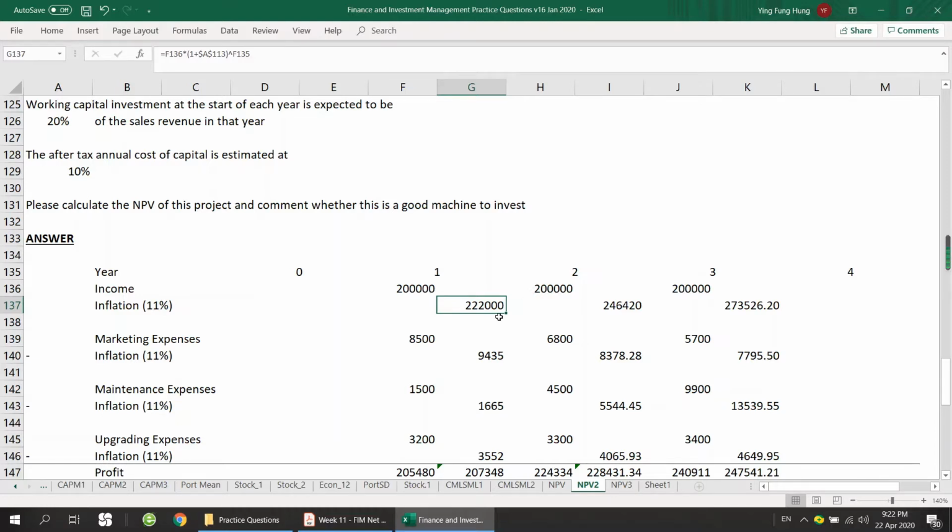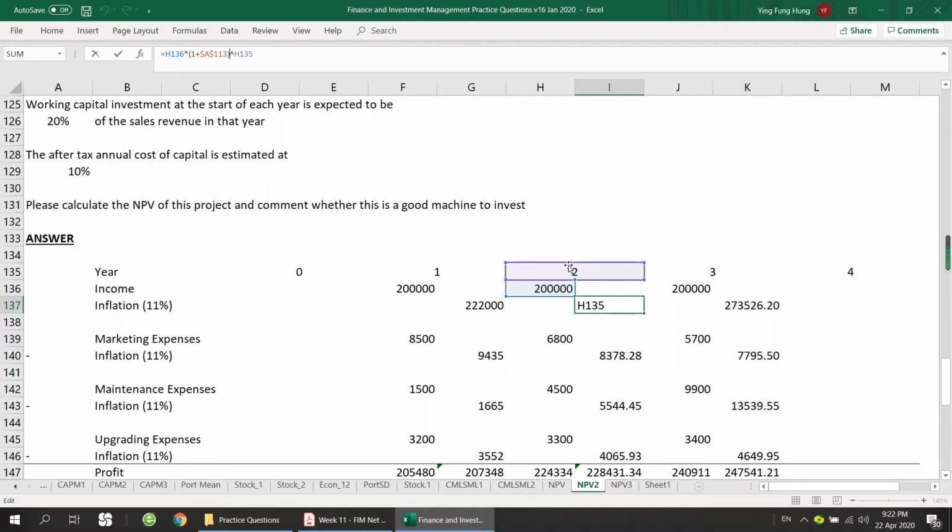For the second year, it is going to be this 200,000, and then we have to multiply this by 1 plus this 11%, which is from the cell A113. Because it's the second year, we have to raise to the second power, which is in the cell H135.